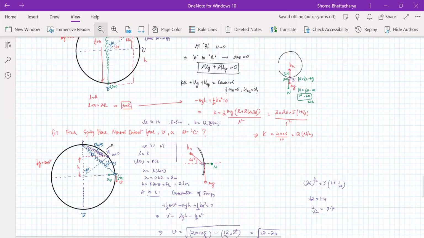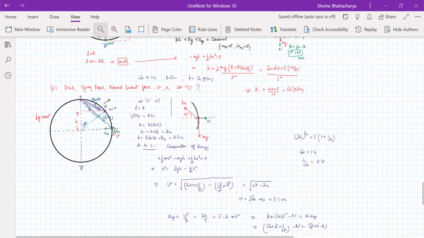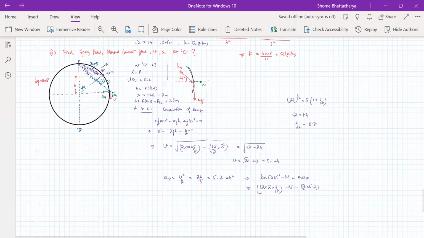So N, according to me, should become 24 into 0.7. That's how much? 16.8, no? Yes, sir. Minus 10.4. Yeah, so I have guessed the direction of normal reaction correctly.